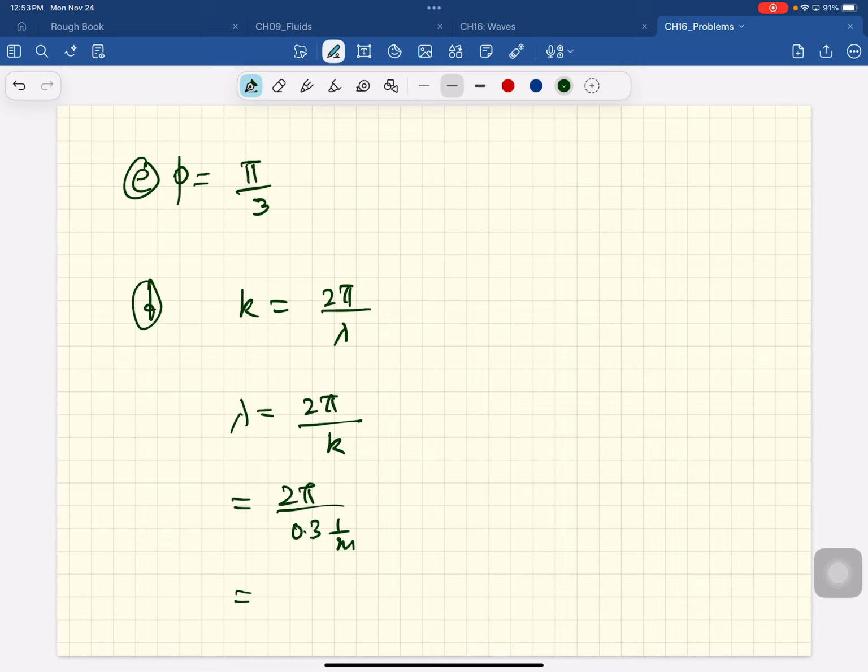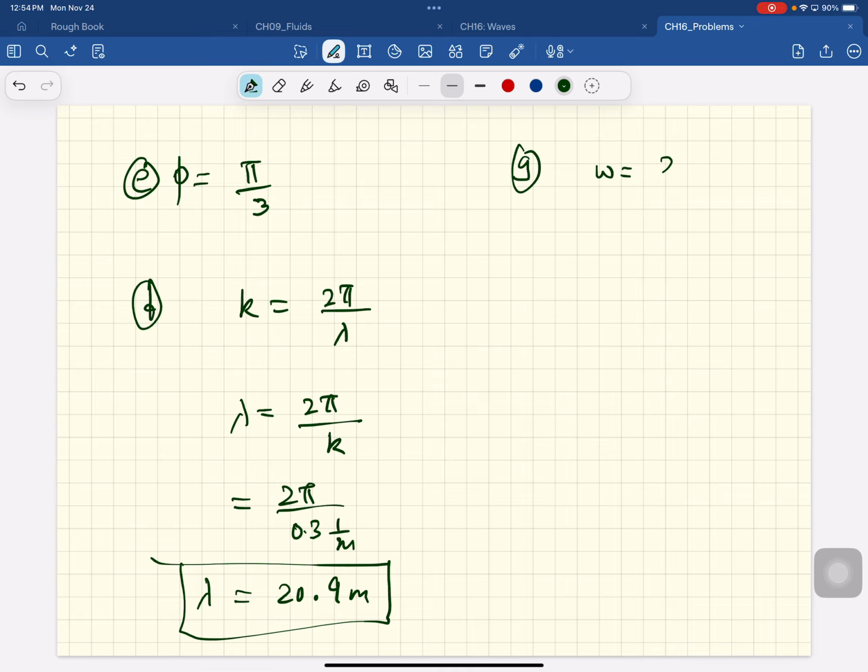And period: omega is 2 pi f equal to 2 pi over T.